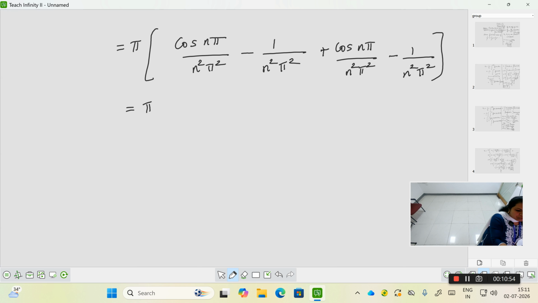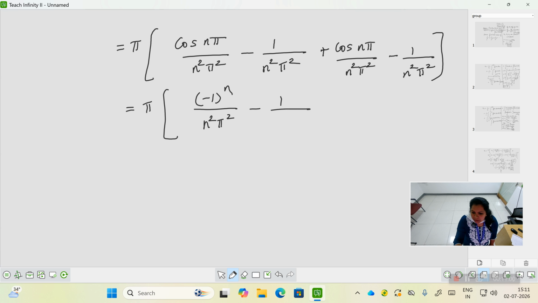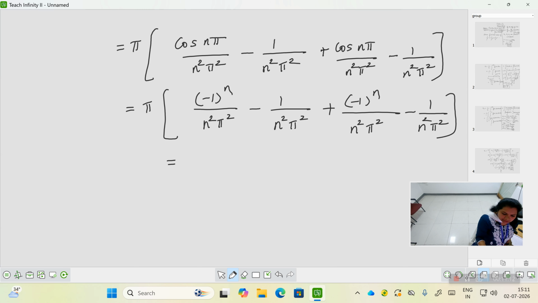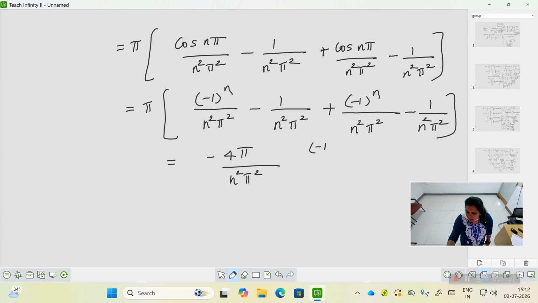So you'll get it as pi into, what is the value for cos n pi? This one, minus 1 to the power n by n square pi square minus 1 by n square pi square plus minus 1 to the power n by n square pi square minus 1 by n square pi square. So throughout you'll get it as 4 times, is it? 4 times, that means minus 4 pi divided by n square pi square. How we are getting is, we are getting the term minus 1 to the power n minus 1, which is 4 times, okay? Sorry, 2 times of this, because 2 times it is repeated.